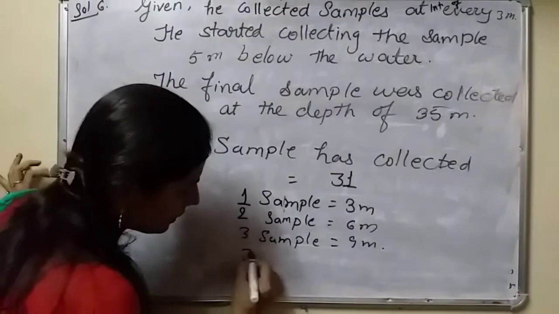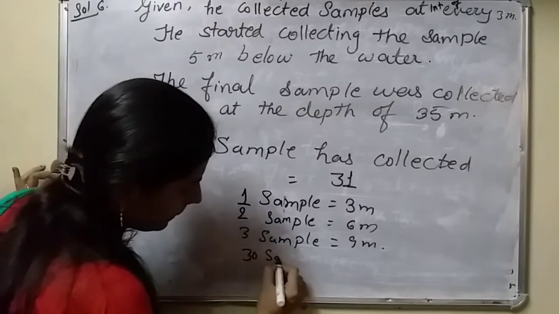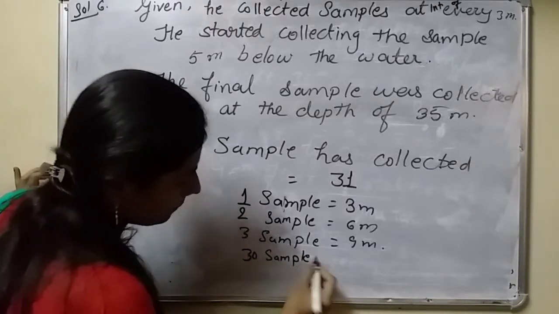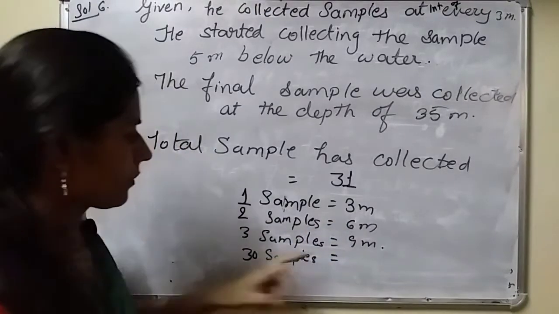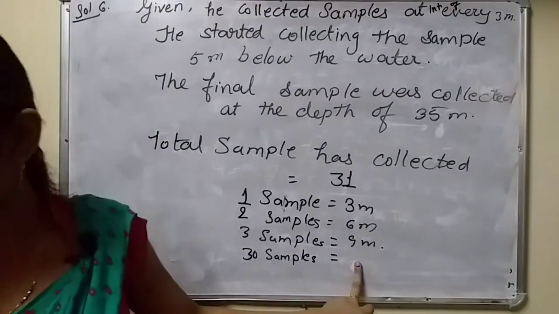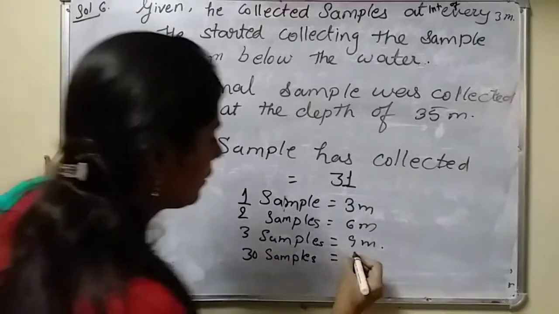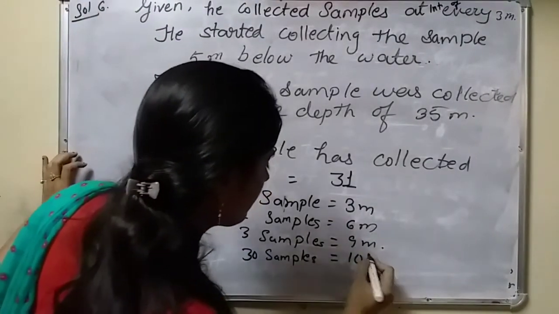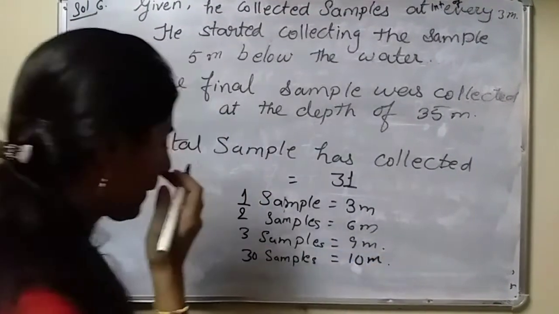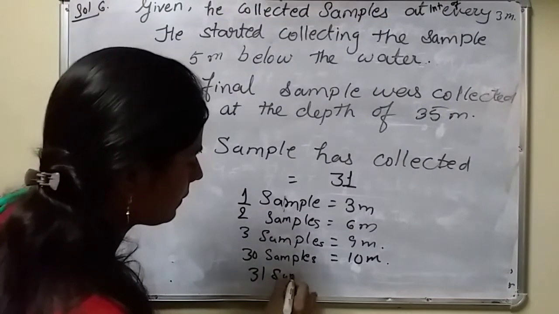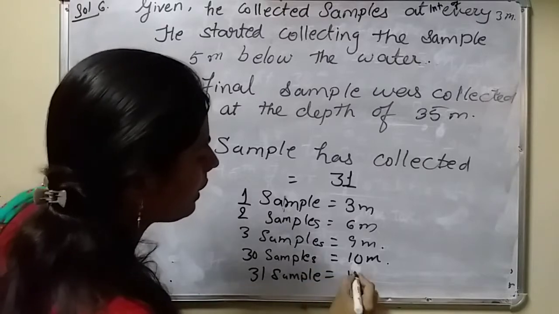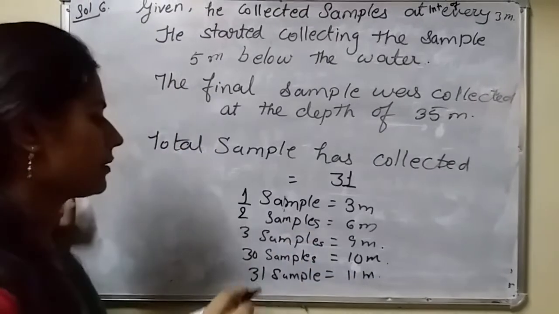Then 30 samples, it means 30 samples he has taken in, then 31 samples in 11 meters.